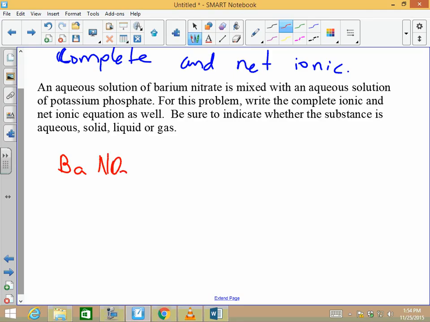Barium has a charge of 2, in group 2. Nitrate is a polyatomic ion, and that is -1. So the 2 from barium goes to nitrate. It is an aqueous solution, so I write aqueous just to be sure that everything is correct.